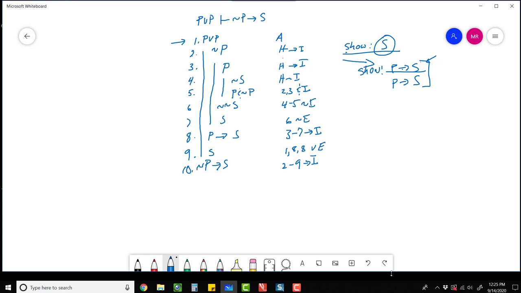Okay, so what have we learned from this? Let's just review. All right, so the most important thing first is that whenever you have a conditional conclusion, in the form of a conditional, begin by hypothesizing the antecedent of the conditional.